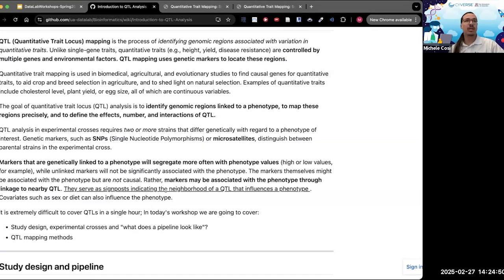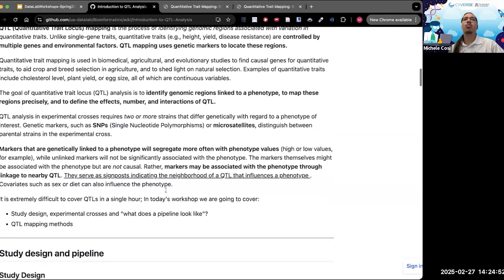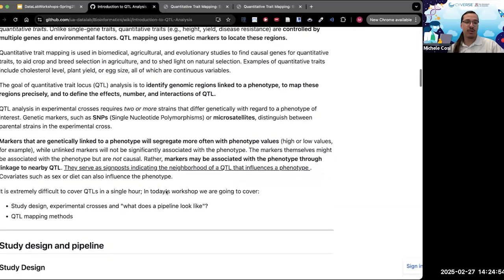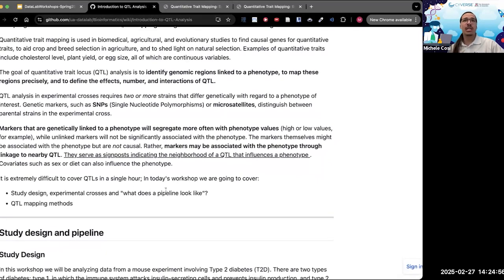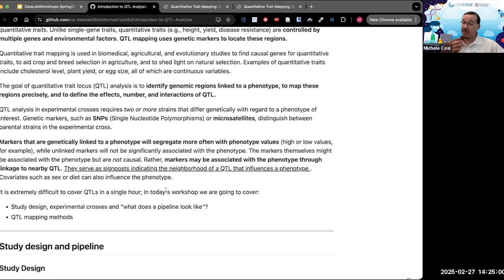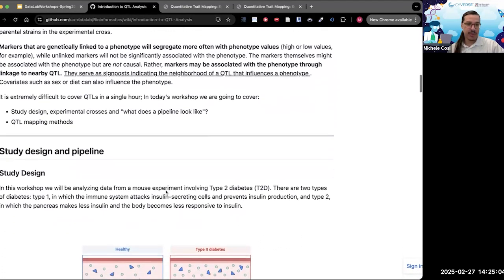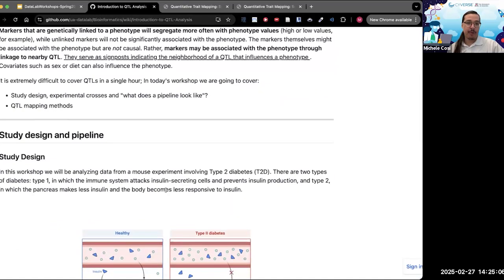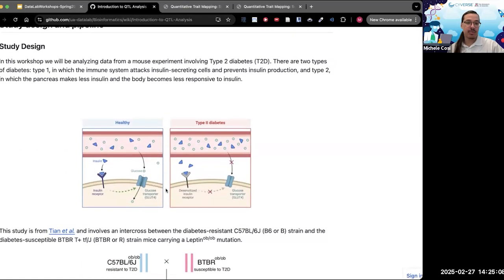What I want to do now is to introduce the study design and pipeline that the very long tutorial actually carries out. We are using data from a 2015 publication from Tien et al.